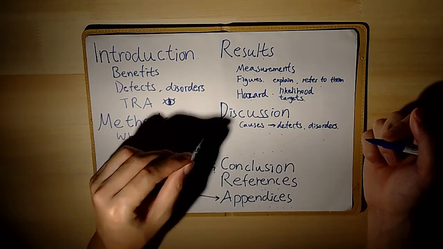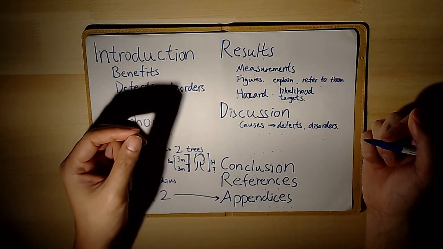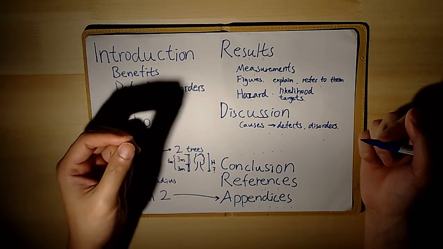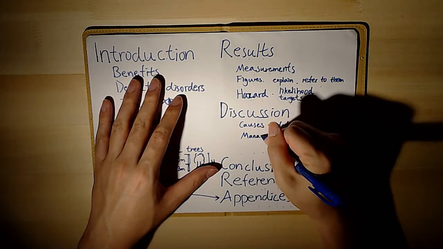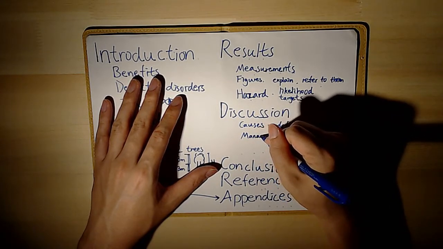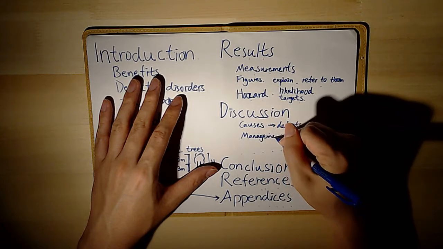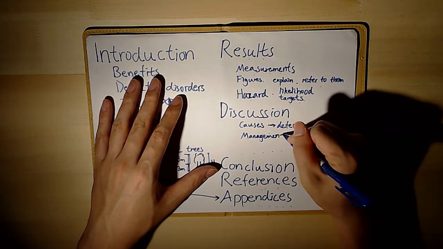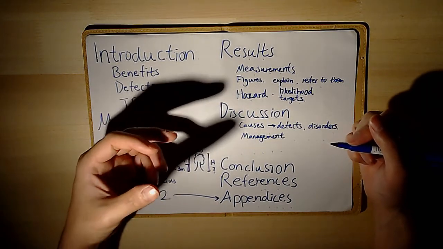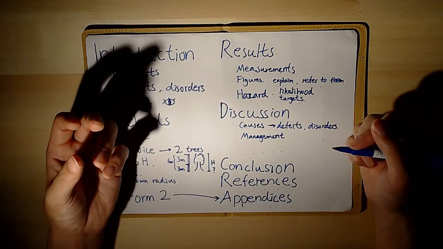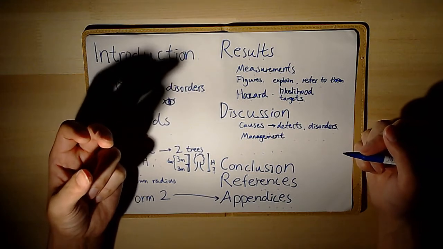And then imagine that if you were a tree manager, what will be your management actions? How will you manage those two trees? Will you arrange more frequent inspection?